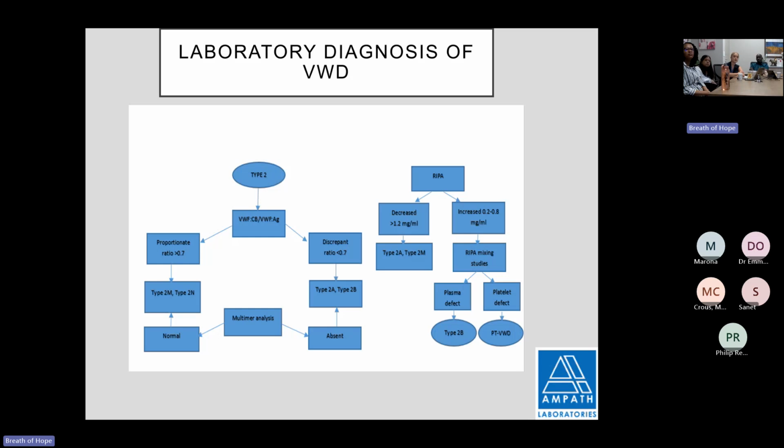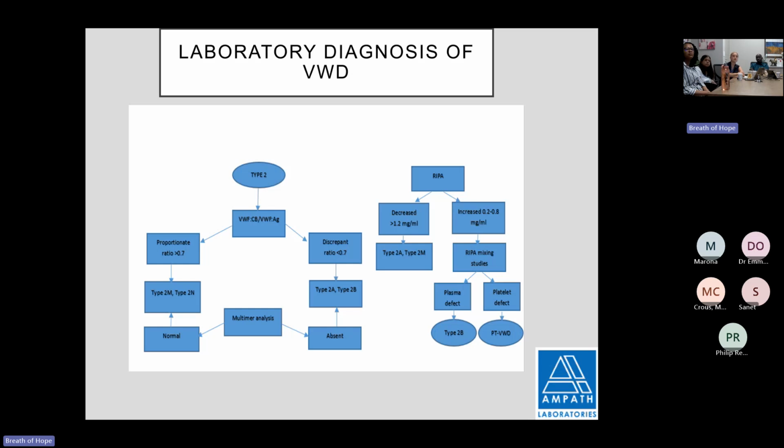If we've got a discrepant ratio, because we know the collagen binding is needed in large and intermediate multimers, it will lead to a type 2A or a type 2B. But type 2B we can actually diagnose in the lab by doing the platelet aggregometry, and there will be an increased binding due to decreased dose ristocetin. So we can actually eliminate our diagnosis like that.